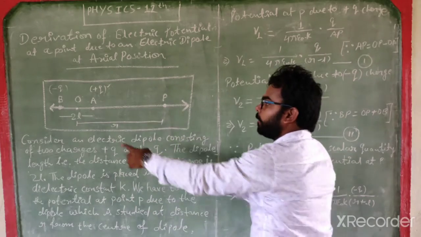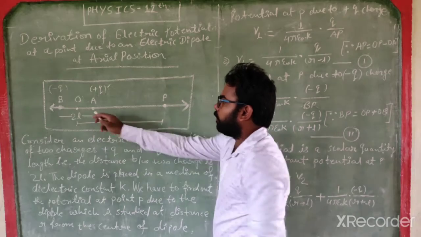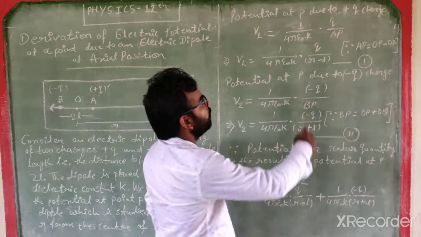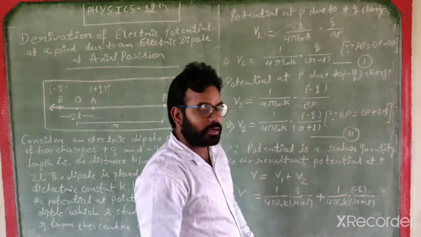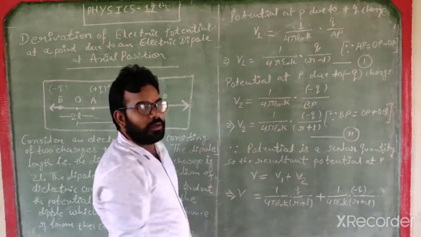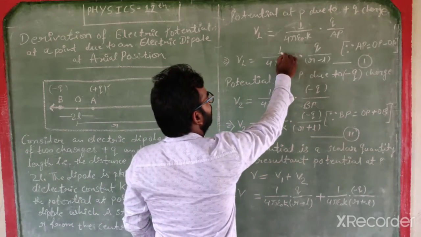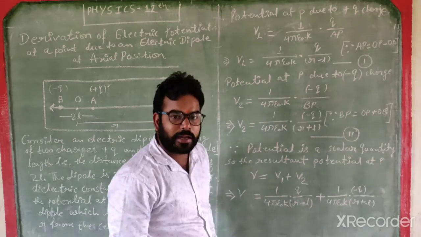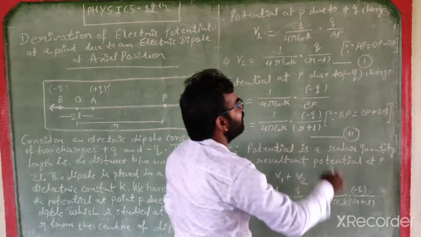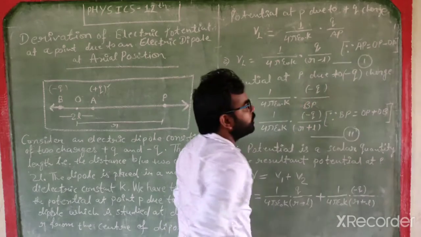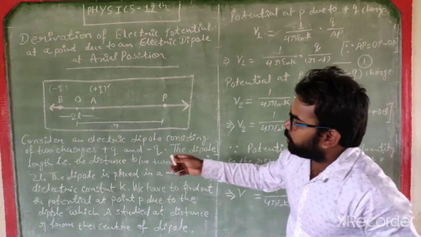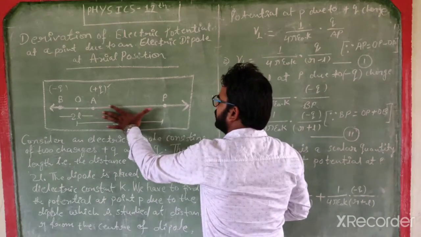You can see here the distance of AP. So V1 is equal to 1 upon 4 pi epsilon naught K into Q upon AP, and V1 is equal to 1 upon 4 pi epsilon naught K into Q by R minus L, because AP is equal to OP minus OA.